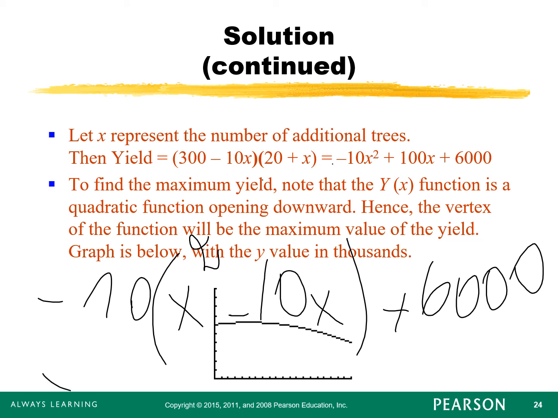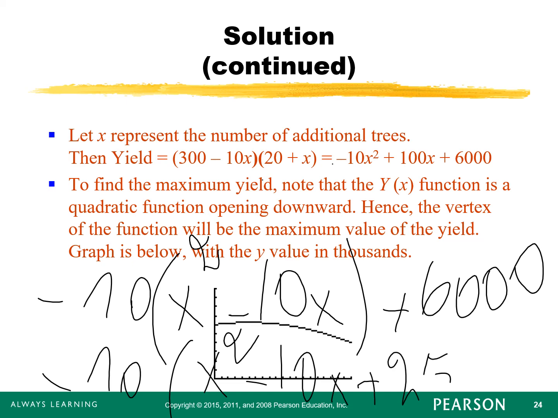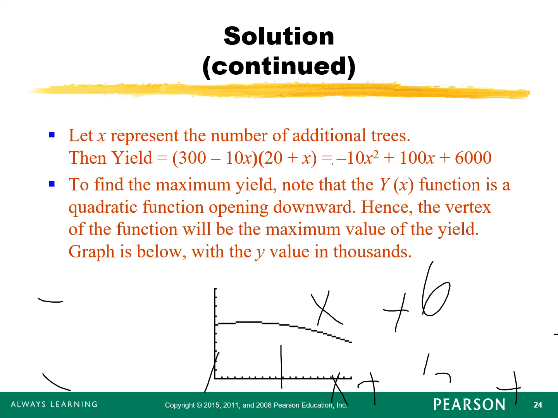We will add minus 10x power 2 minus 10x, and here we will add plus 25 plus 6,000, and at the same time plus 250.